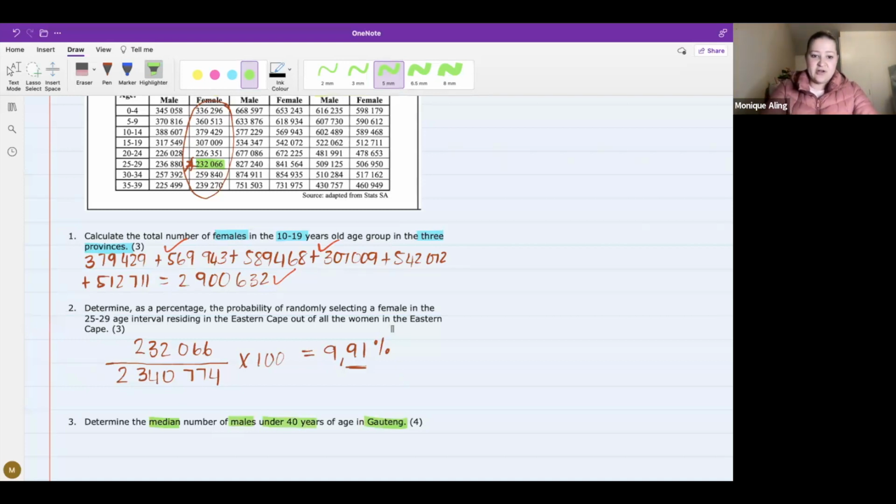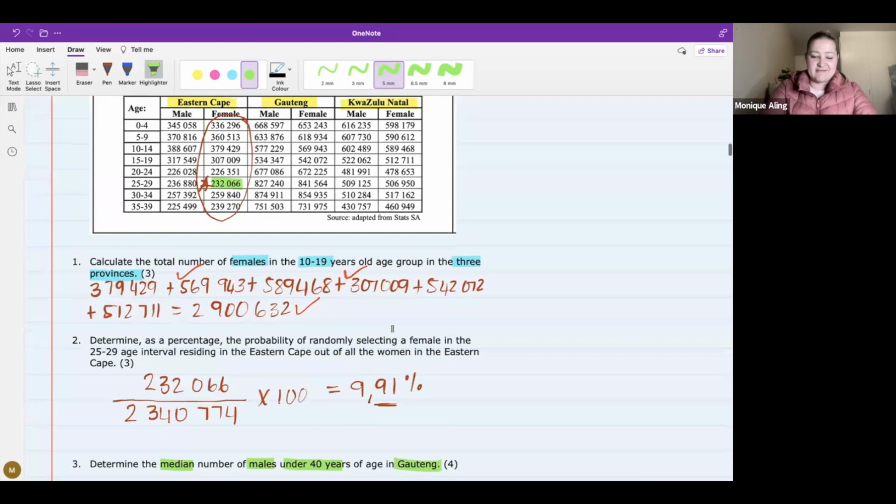If we have a look at this table, that includes all the males because this table only goes up to 39 years old. So we're looking at all the males in Gauteng and we want to find the median number. Again, this will take some time because we're dealing with bigger numbers.